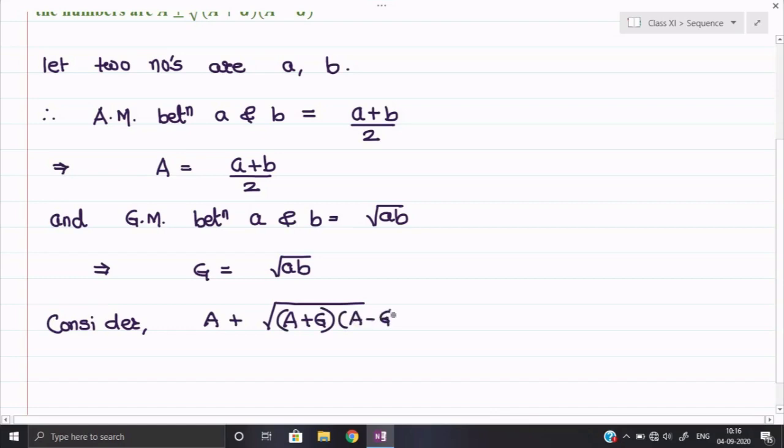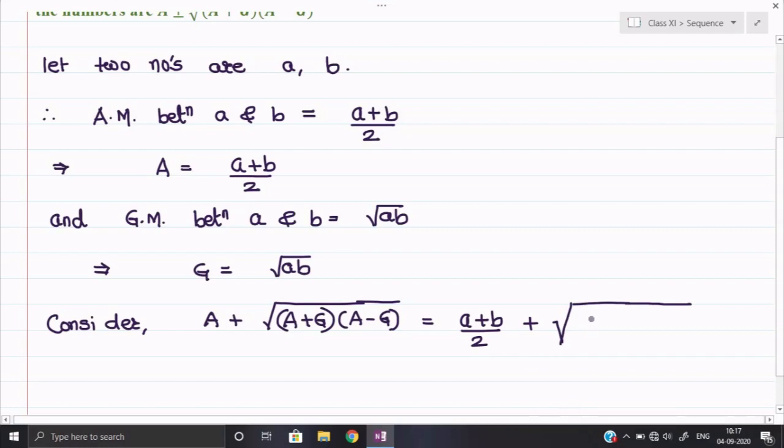Okay, so I am taking the plus sign first, then a little later we will take the minus sign also. So the value of A, how much do we have? That is (a plus b) upon 2 plus under root of (A plus G) into (A minus G). Okay, so that will be the value of A, if I put it in again.